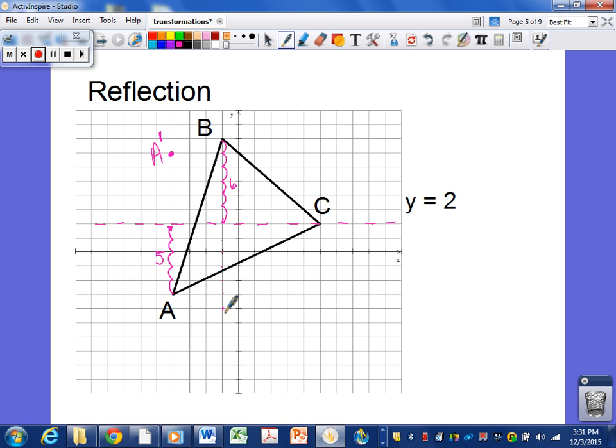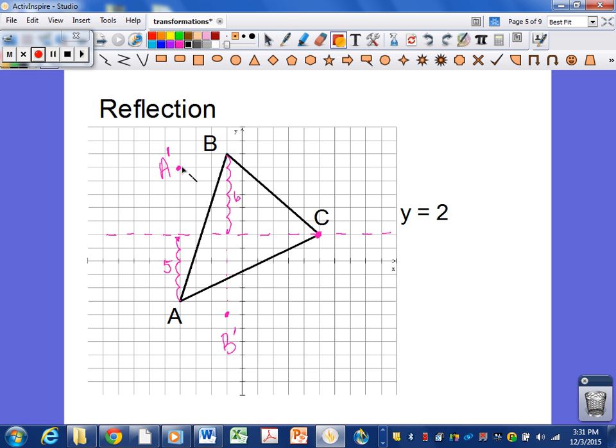Once again, it's a congruence transformation or an isometry, so these things should be the same. And of course, here we have point C, which is on the line of reflection. It's going to end up staying on the line of reflection. It's not actually going to change. Okay, points on your line of reflection don't ever move.